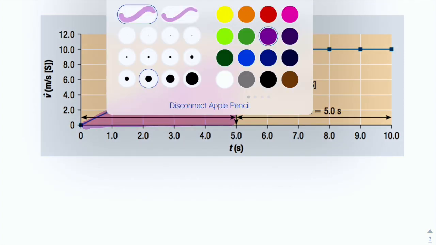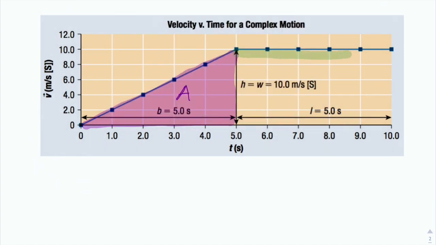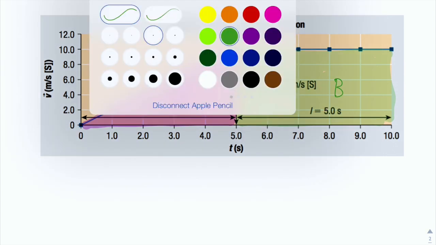Similarly, we'll find the area under the second segment, which forms a regular shape, a rectangle. If we find the area of this rectangle, we will determine how far the object has traveled for the final 5 seconds. So let's do this.